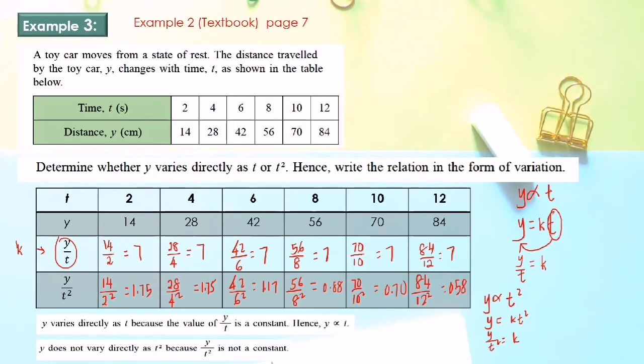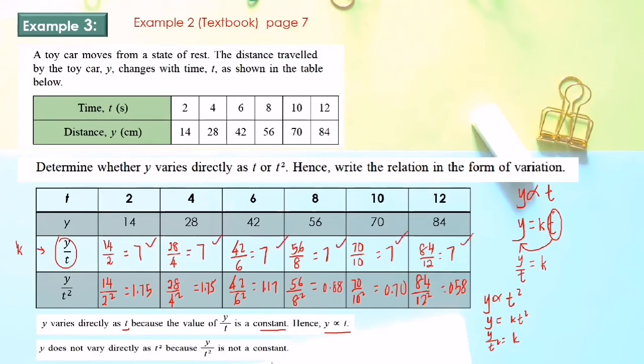Okay, based on the table, we can make a conclusion y varies directly as t because the value of y over t is a constant. Hence, y varies directly as t. So, when you look at here, the value of k equals to 7.